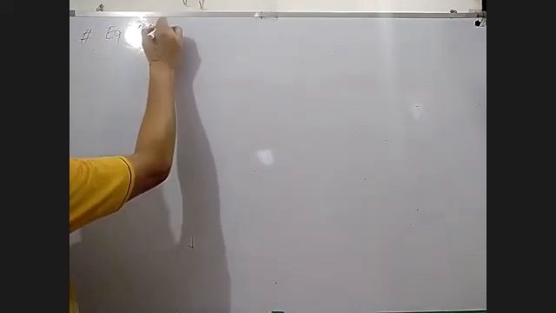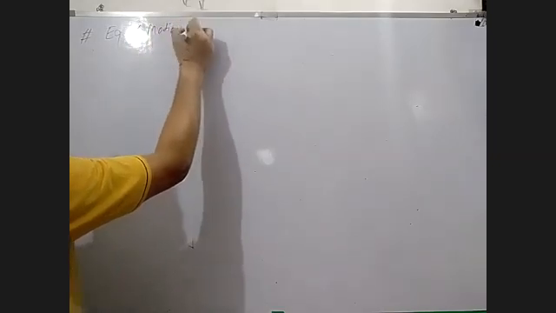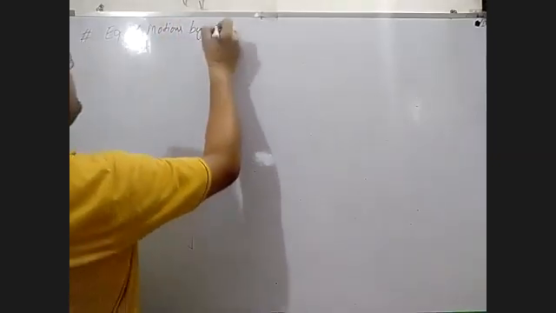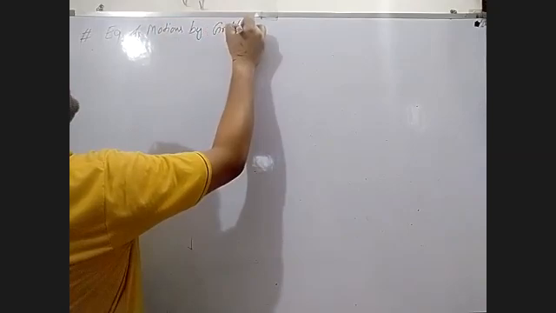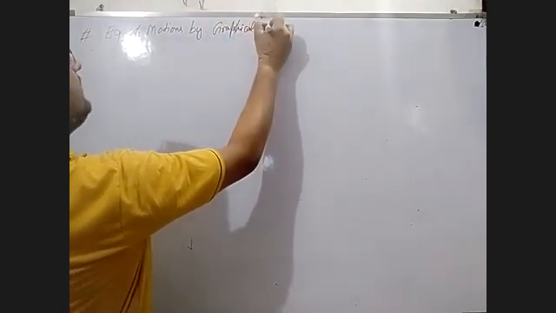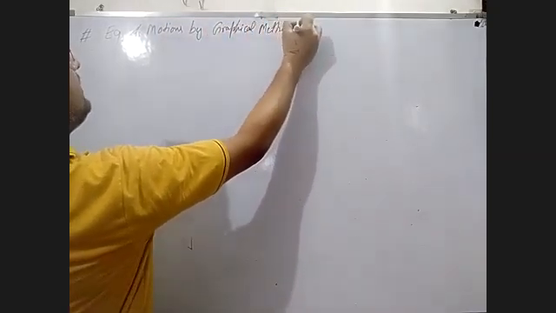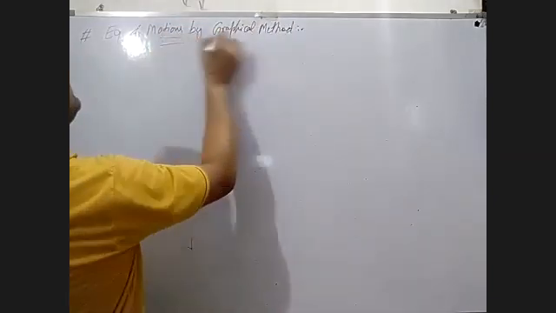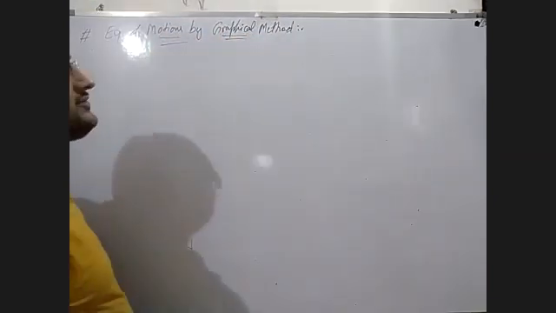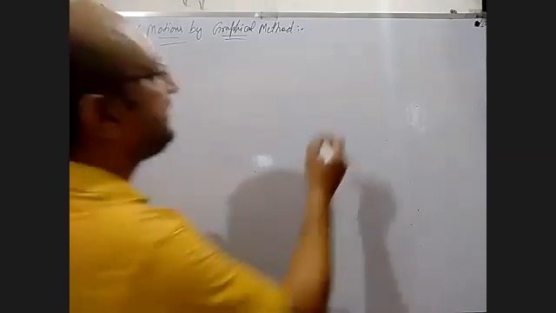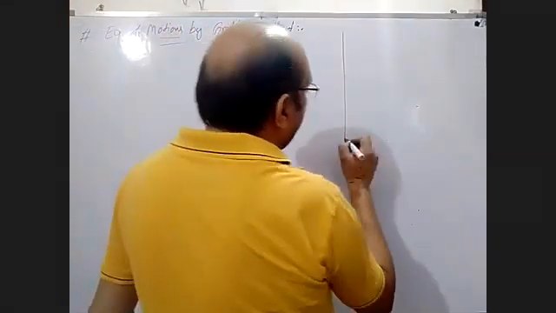Equations of motion by graphical method. The graphical method uses the VT graph; you have to take the VT graph in this case.